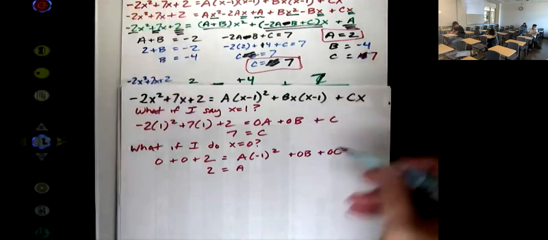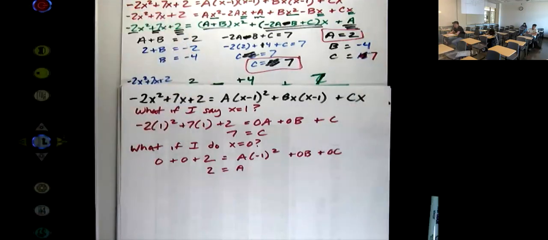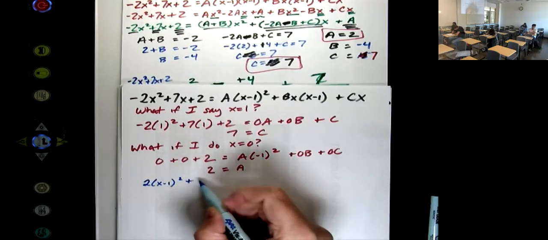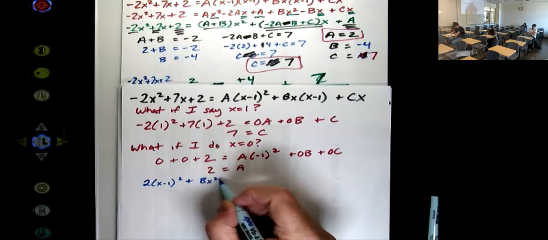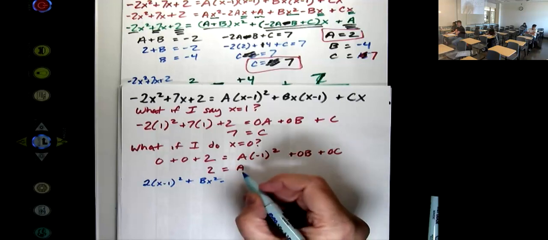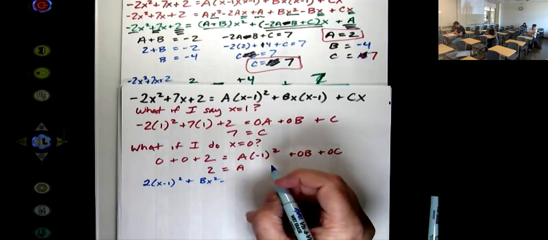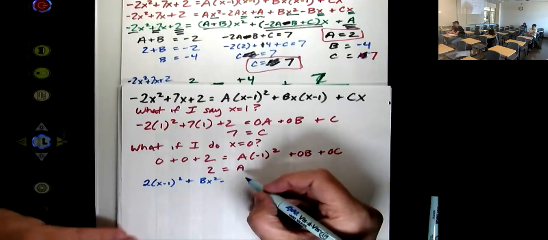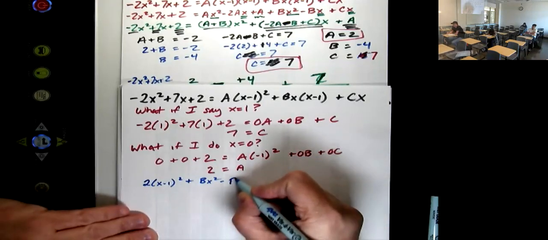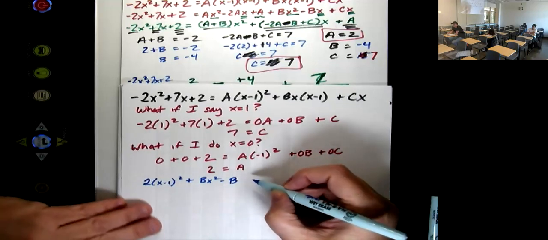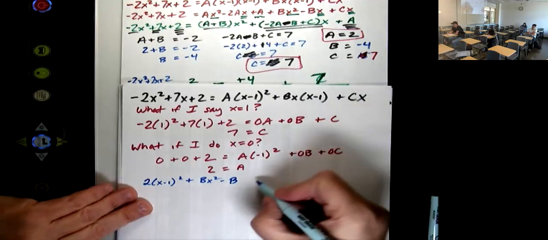Once you know these two, you can just find b by plugging everything in. I have 2 times x minus 1 squared plus bx squared minus b, sorry. And then c was 7.